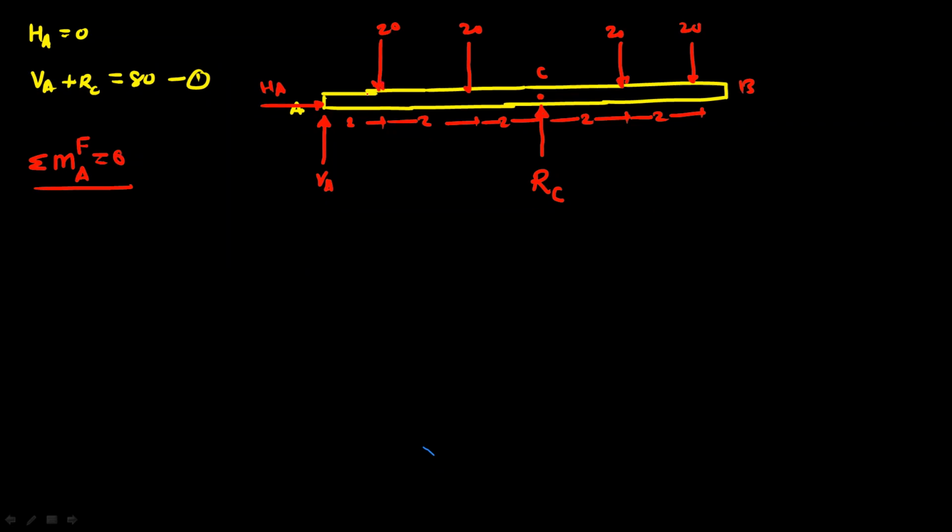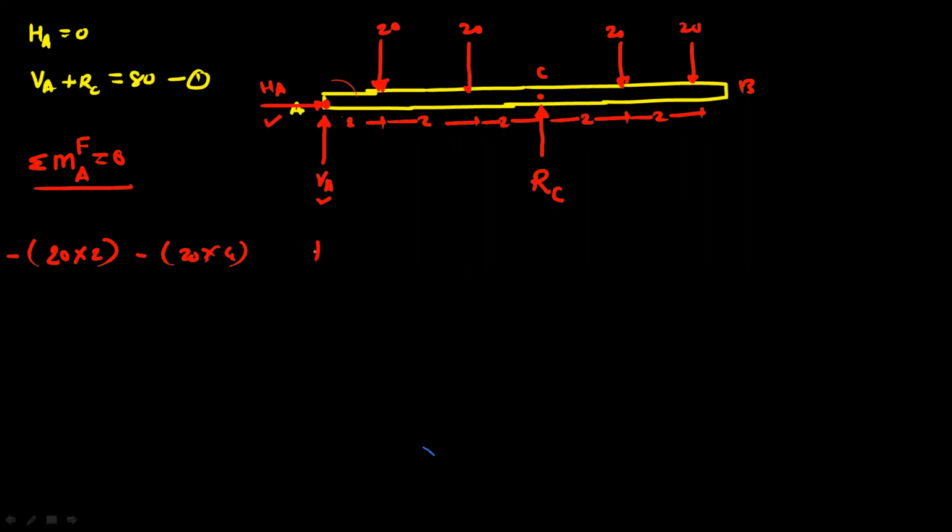Start from point A only. There is a Va force and Ha force, so directly this moment is 0. Next is 20 into the perpendicular distance for this force, 2 meters, and this moment is clockwise, so this is negative. Next is 20 and distance is 4 meters, clockwise, so negative.